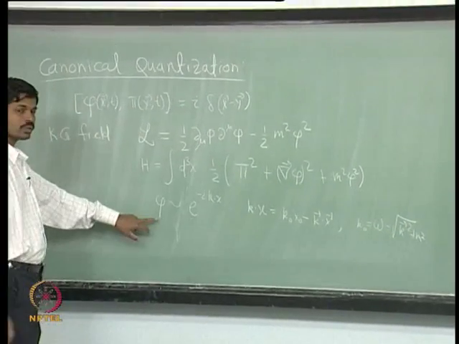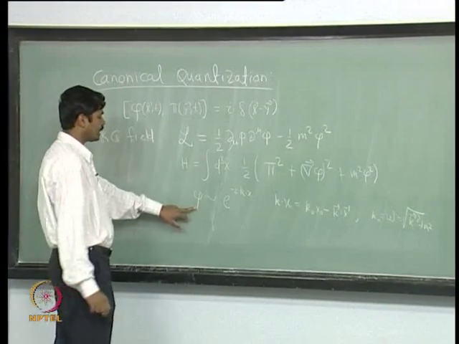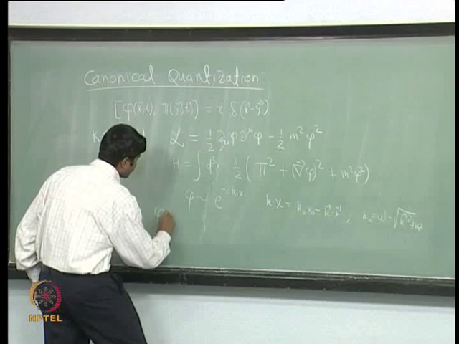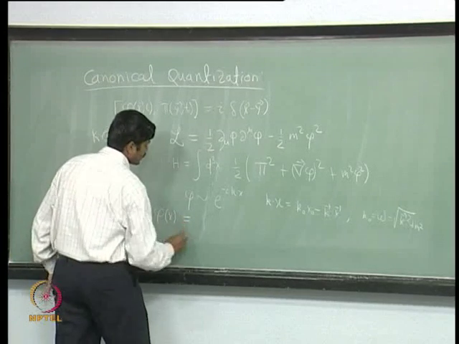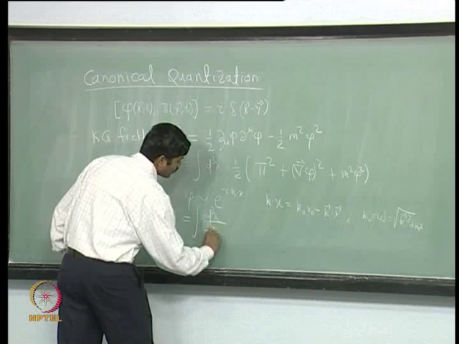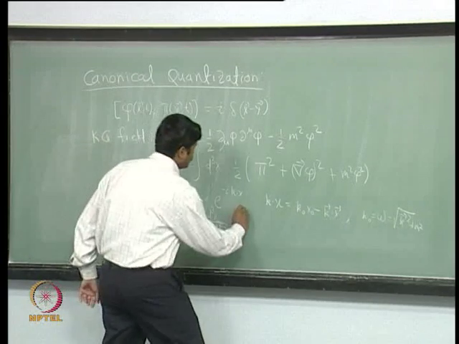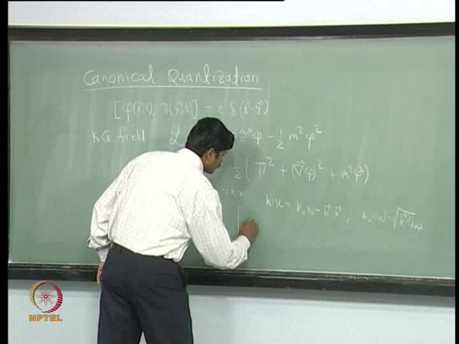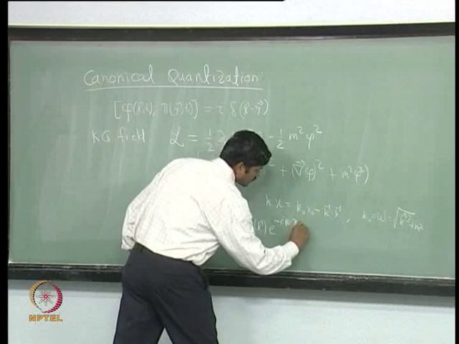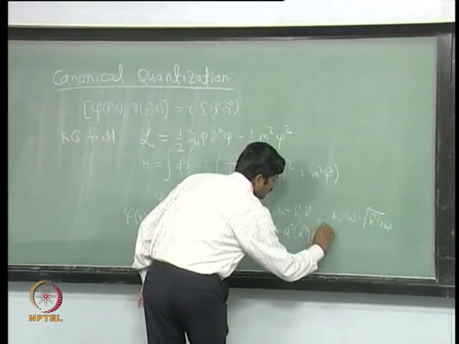Then any general solution to the classical equations of motion can be written as a superposition of these plane wave solutions. So the most general phi is the integral d cubed k over (2 pi) cubed 2 omega of a(k) e to the power minus i k dot x plus a dagger(k) e to the power i k dot x.